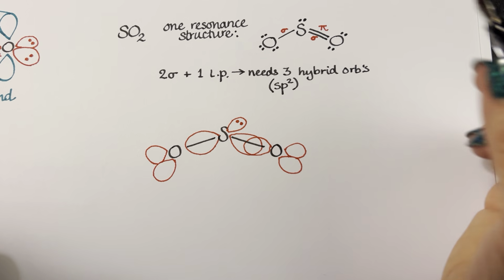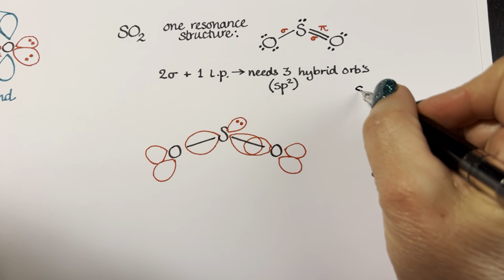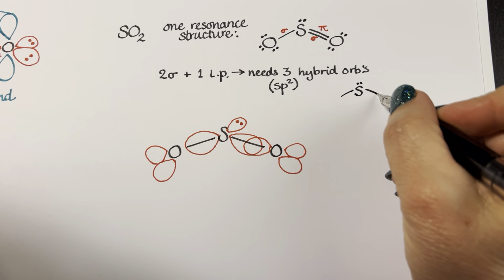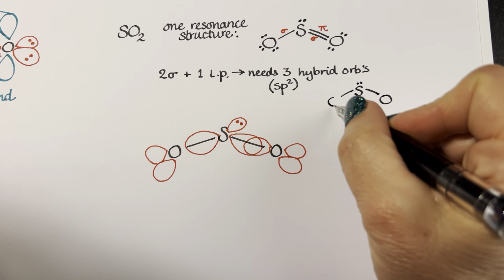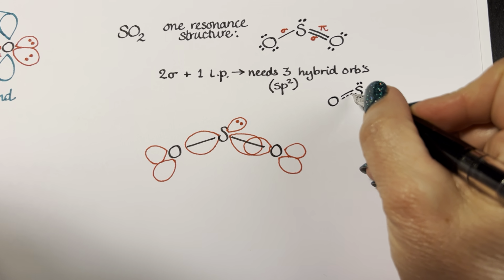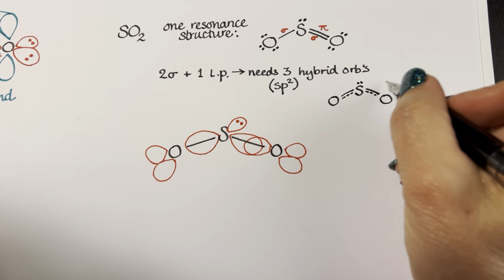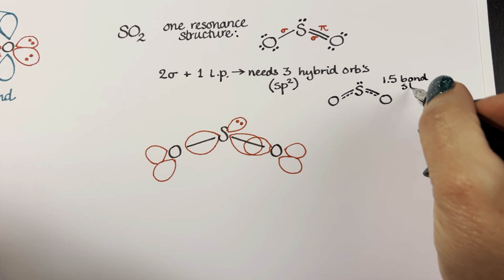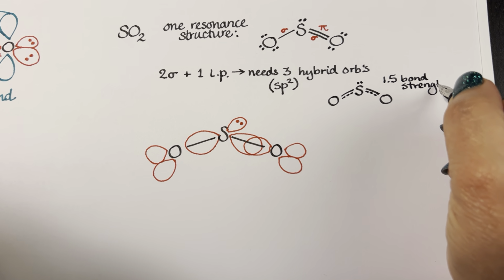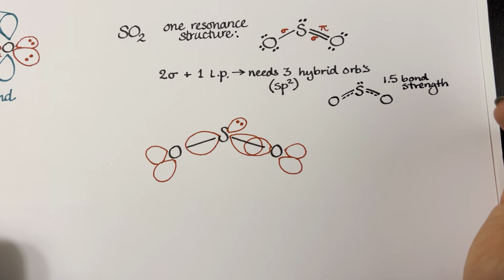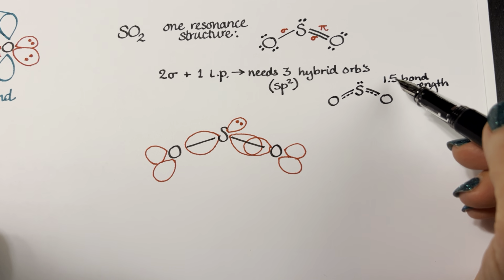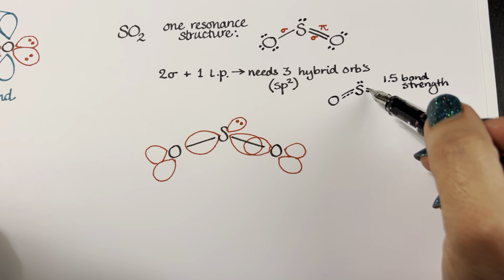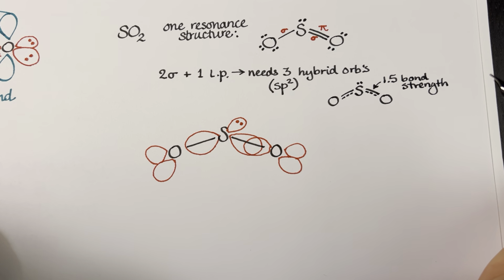Because when you have resonance structures, what is actually going on is an average between the two. So you essentially have 1.5 bonds. The strength of these bonds is stronger than a single bond, but not as strong as a double bond. That's what we're looking at here.